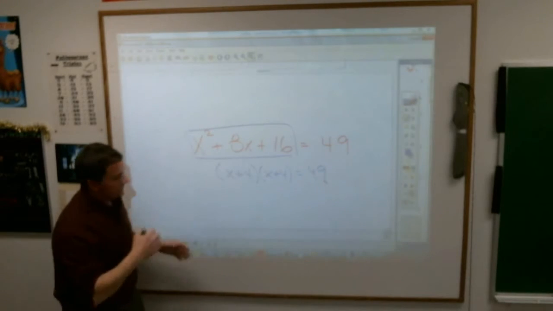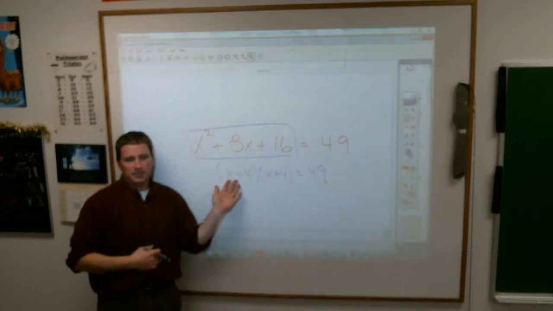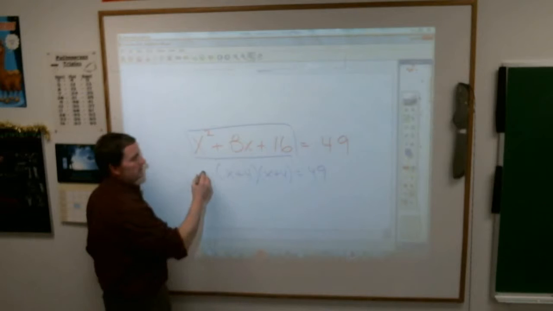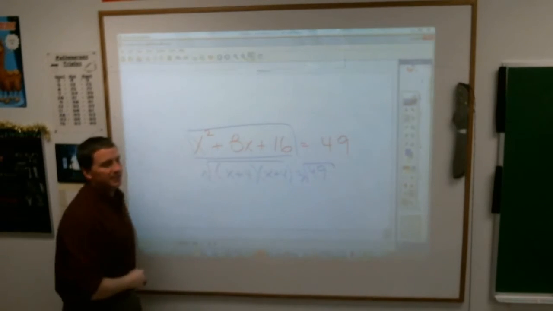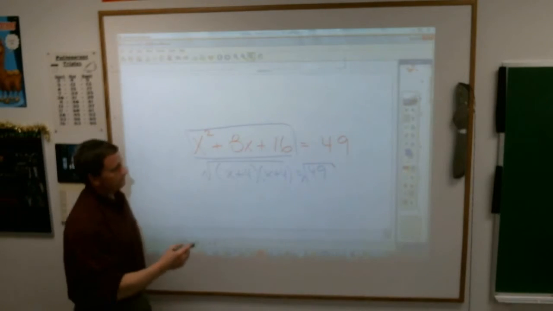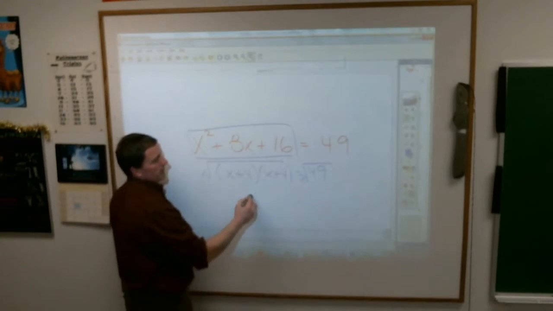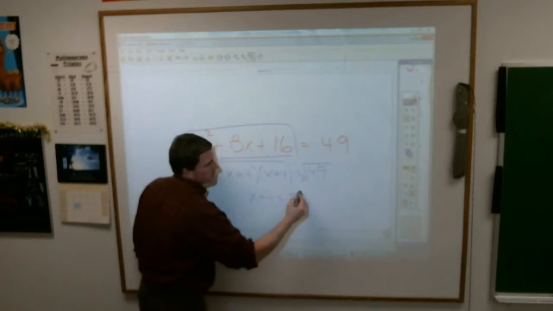That's the same thing we've just been doing, and you can solve that by taking the square root of both sides. That's what we just did. Which gives me x plus 4 equals plus or minus 7.